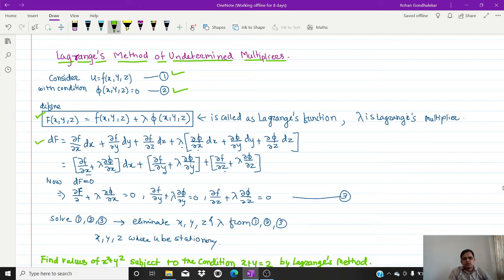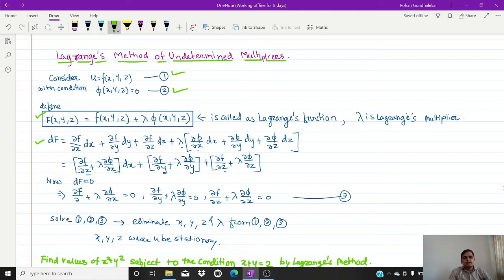After the differentiation, the derivative of f with respect to x, as f is a multivariable function, so we get del f by del x into dx. Similarly, del f by del y into dy plus del f by del z into dz plus lambda into bracket. Again, phi is a multivariable function, so we get del phi by del x into dx, and so on.